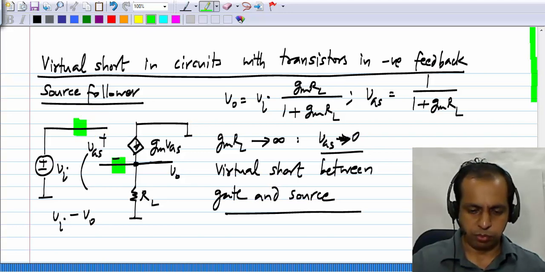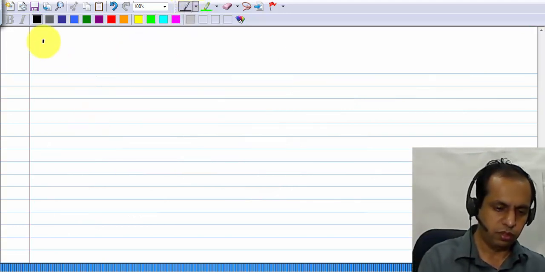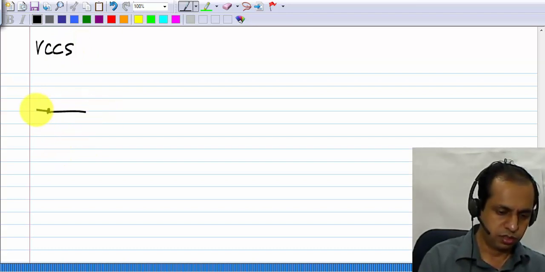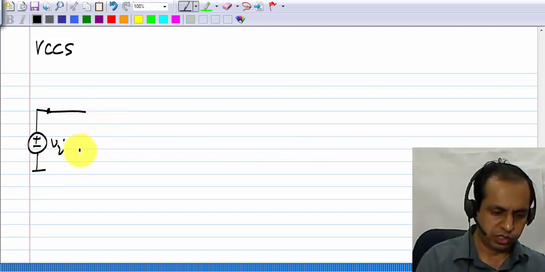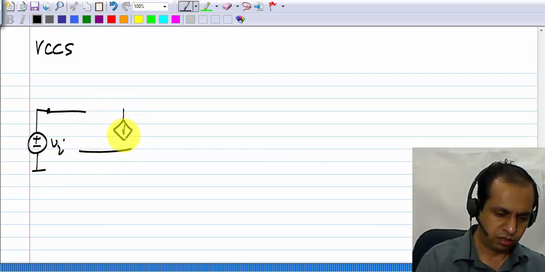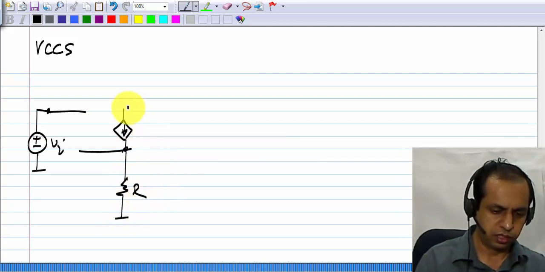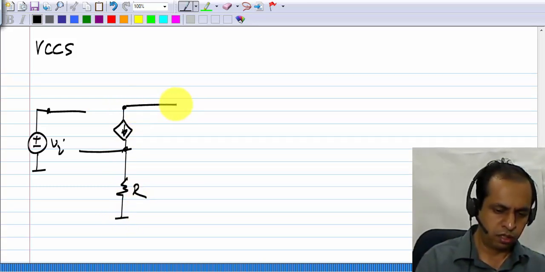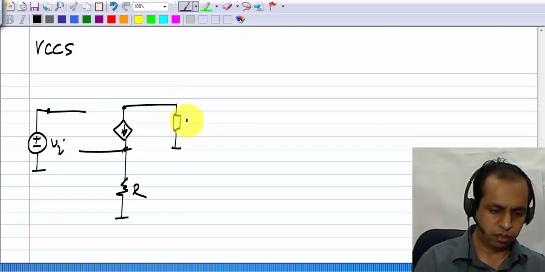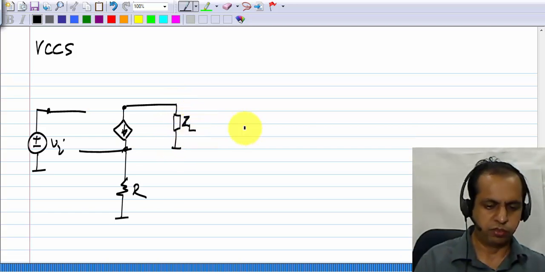And the same thing goes for all other control sources. Just as another example, I'll show the voltage controlled current source whose incremental picture looks like this. We have the load over there.